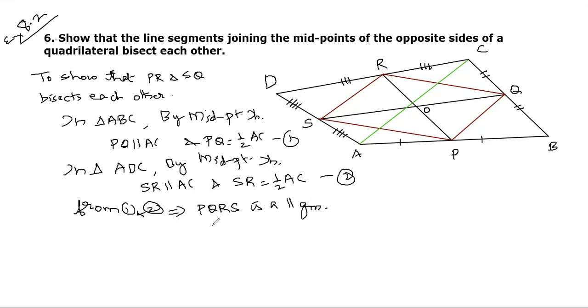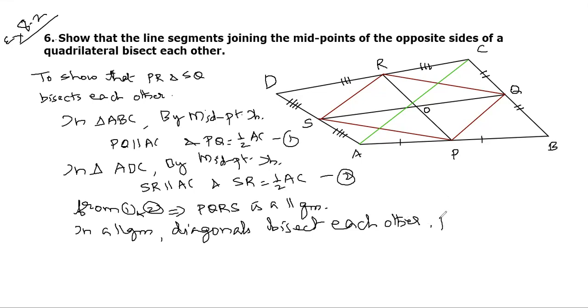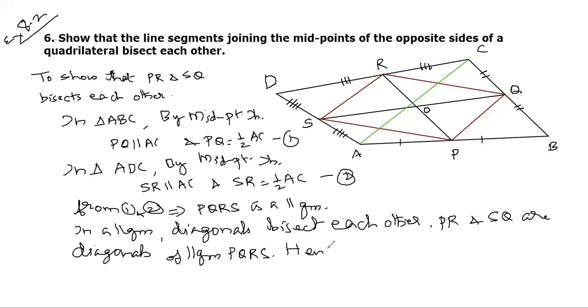PR and SQ are the diagonals of parallelogram PQRS, and in a parallelogram diagonals bisect each other. Hence PR and SQ bisect each other.